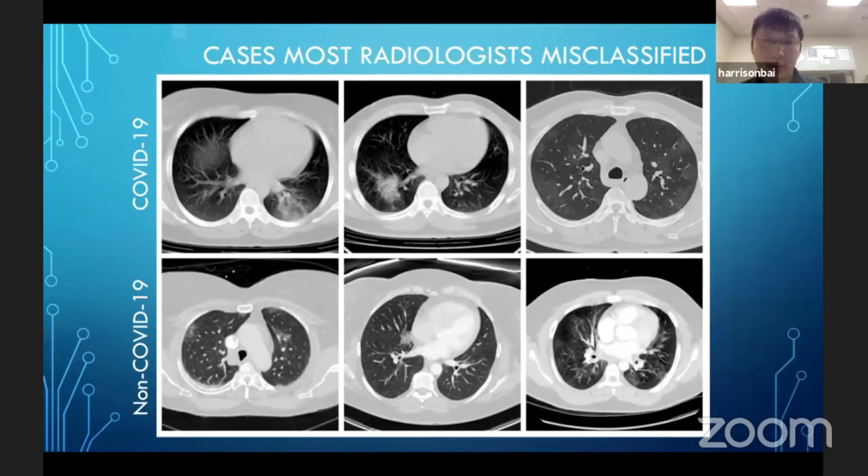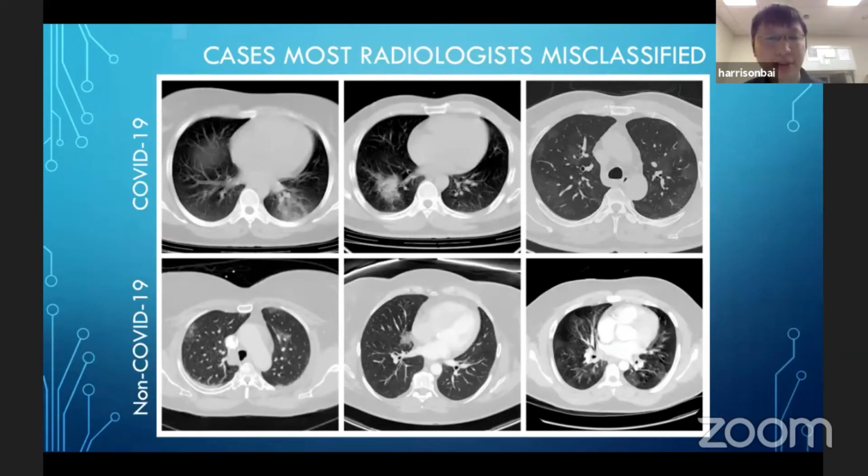And what we see here is basically some atypical findings. For instance, for the COVID-19 cases that the radiologists got wrong, it is either just a focal finding that can be mistaken for pneumonia, or the one on the upper left, which looks like patchy edema or something.